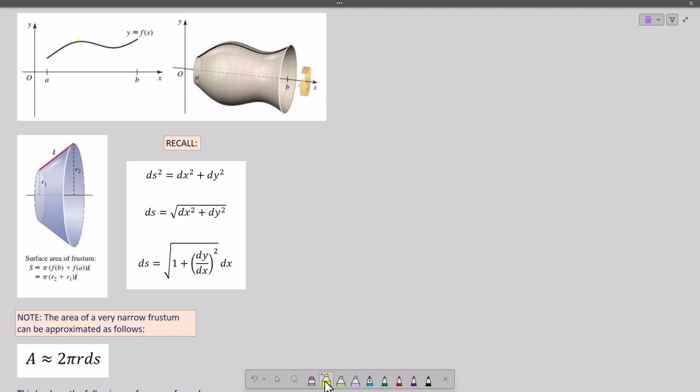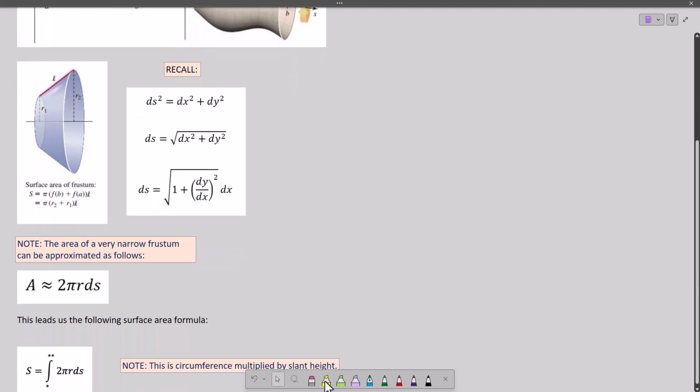And this cone, you can imagine approximating it with this cone base. Call it a frustum. Does everybody see that? So the little piece of arc can be approximated by that ds that we drew when we were doing arc length, and when it rotates around, it creates this frustum of a cone. Well, the area of a frustum of a cone is 2 pi r ds approximately.